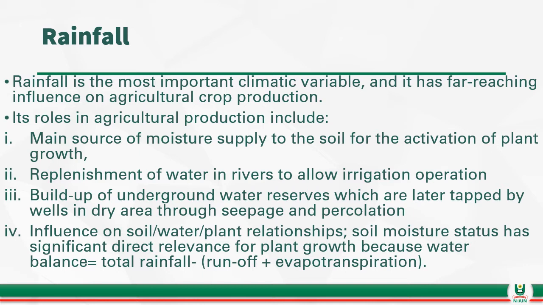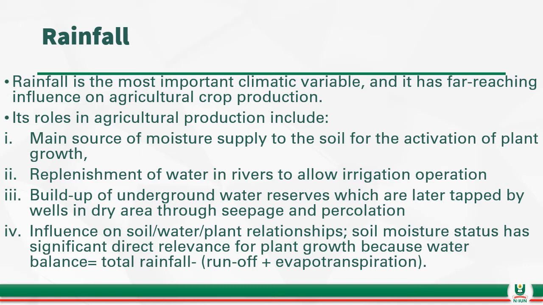The second one is the replenishment of water in the rivers to allow irrigation operation. When rain falls, the rivers get fuller, the seas and the oceans get fuller, and you get more water for your agricultural production. Also, the build-up of underground water reserves, because when rain falls, water goes into the ground.